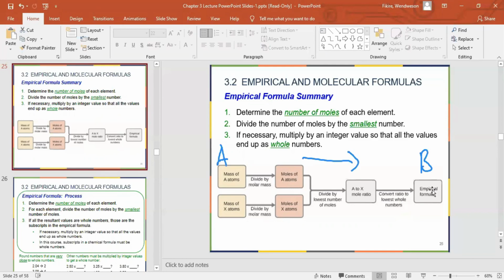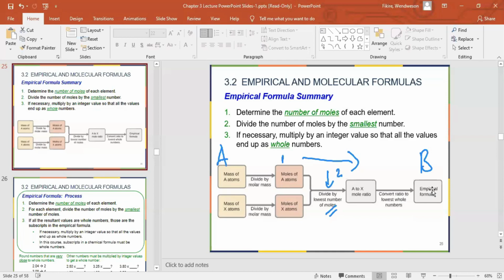So here you need to determine the number of moles for each atom. We did this here. Divide the number of moles by the smallest number. Actually, that's here. This is number 1. This is number 2.